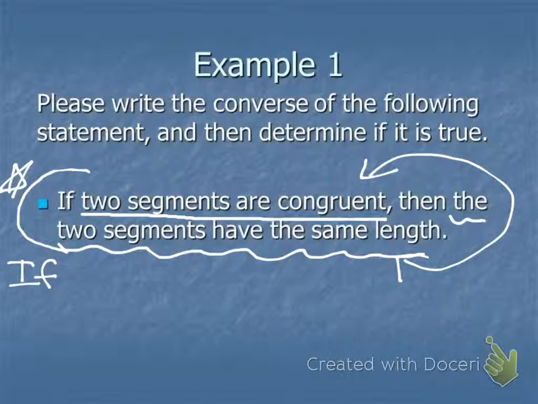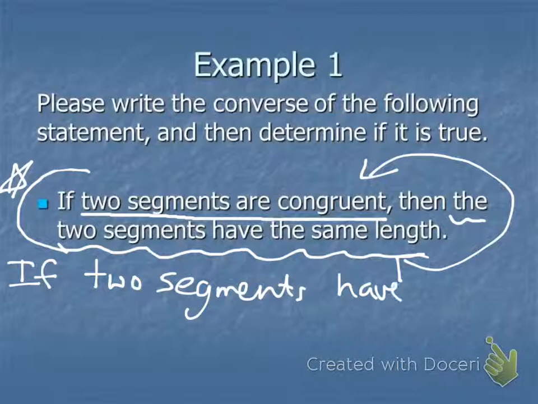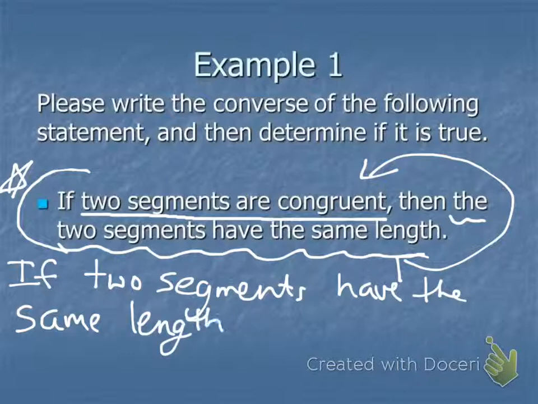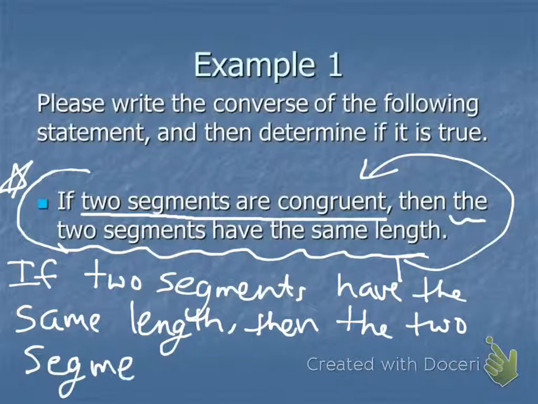All right, so if two segments have the same length, comma, then the two segments are congruent.